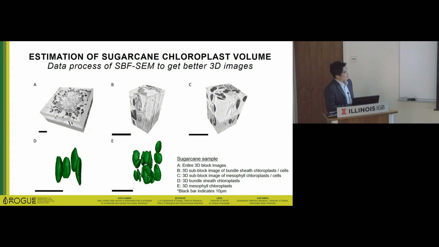Based on those sub-blocks, I do the 3D segmentation work, and then I can get individual clear images from the 3D visualized chloroplast. Panel D shows the bundle sheath chloroplast, and panel E shows individual mesophyll chloroplasts.